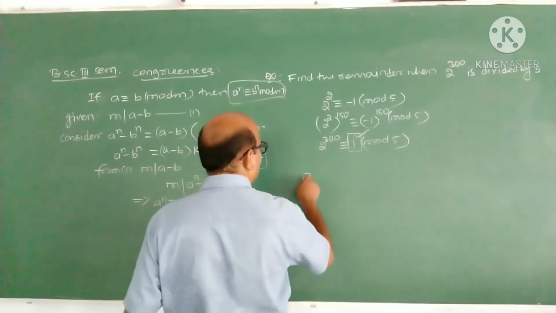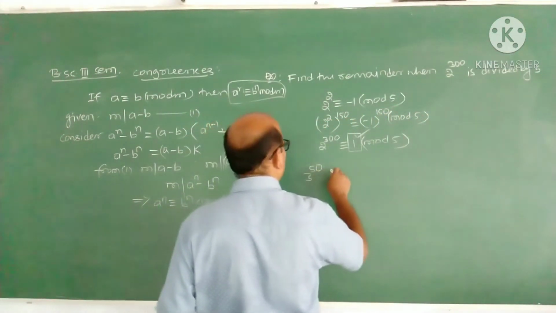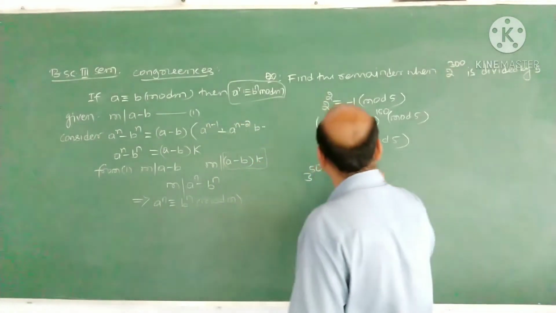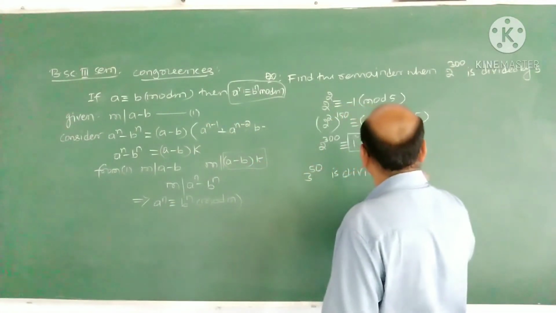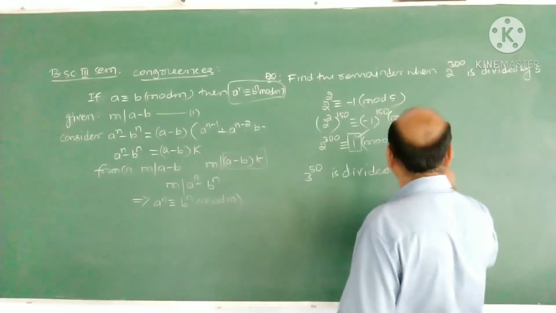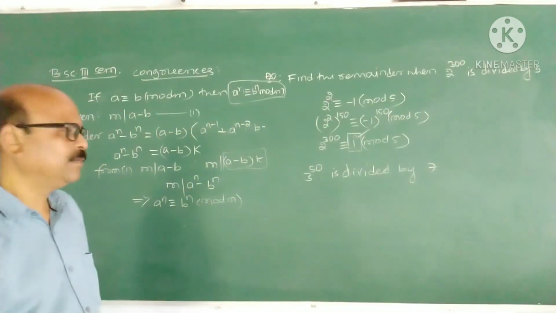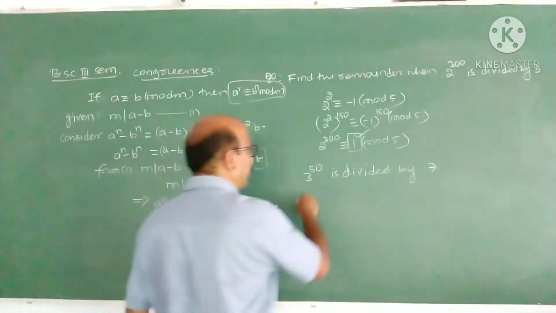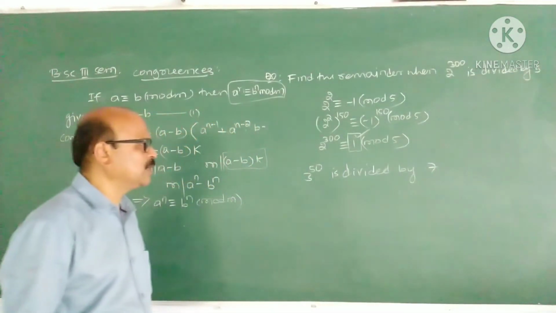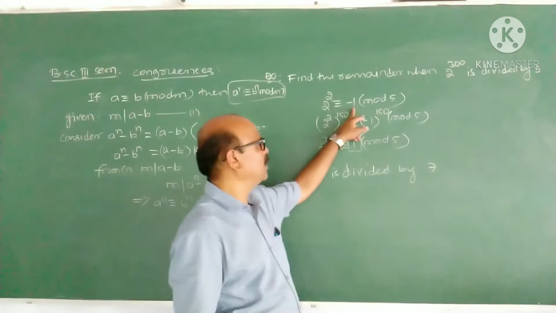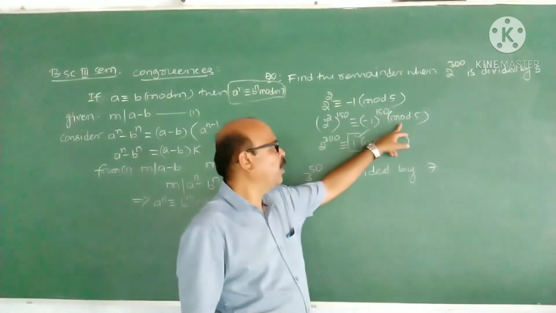Second is, find the remainder when 3 raised to 50 is divided by 7. Again here we consider some small powers, so that we express that as plus or minus 1 mod m.